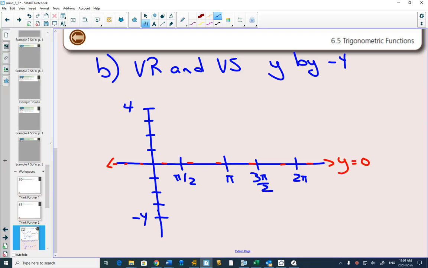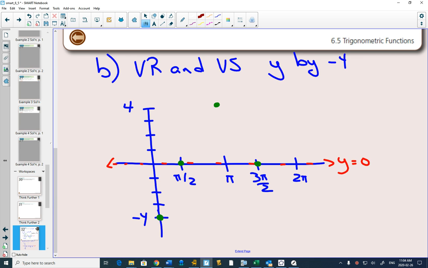Now, a cos graph normally starts at a maximum. But if we have a vertical reflection, it's going to start at a minimum. So when I go to graph this as part of the shortcut, I know it's starting at a minimum. The next axis family is at the center line. Next axis family is at a maximum.